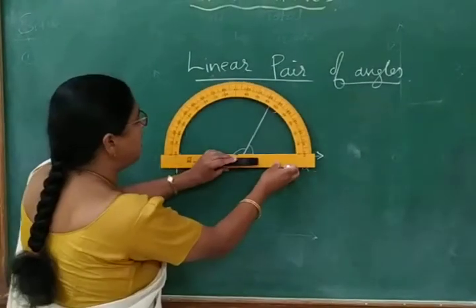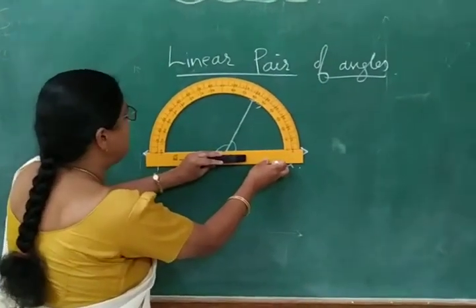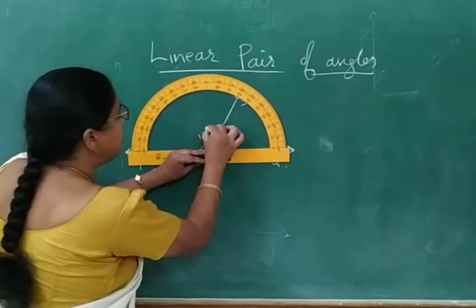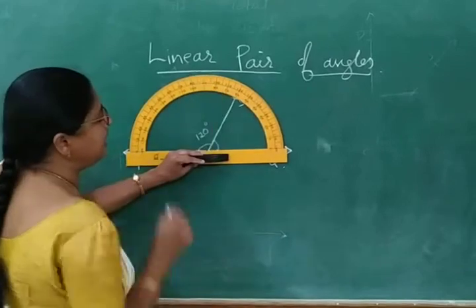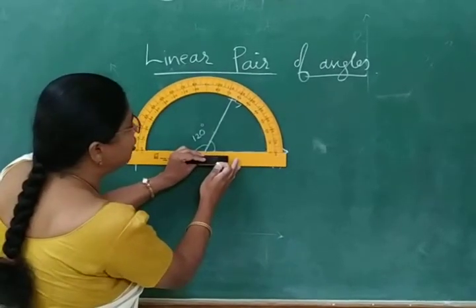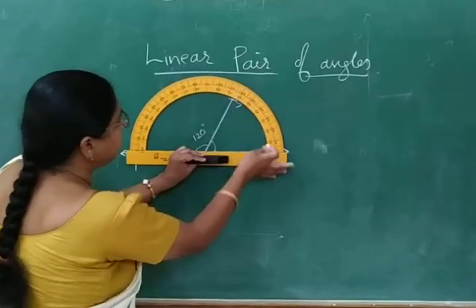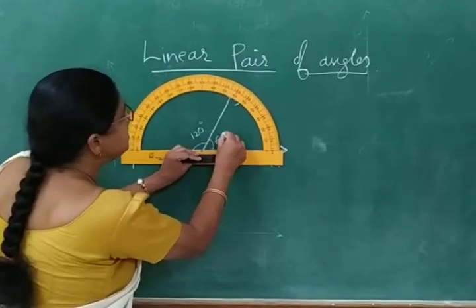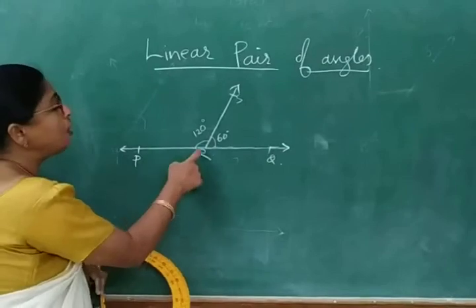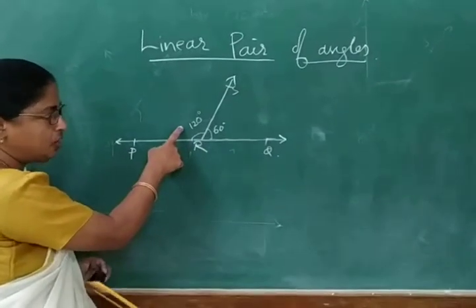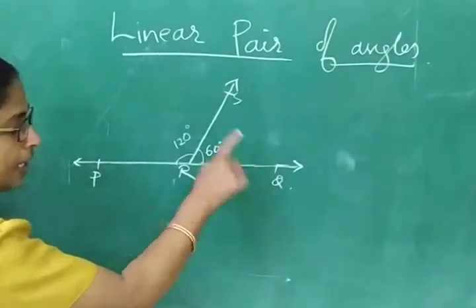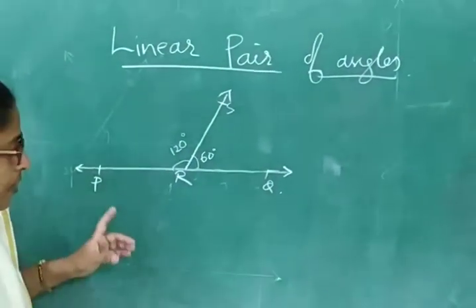Let us see what is the measure of this. The measure of angle PRS is 120 degrees, and this is 60 degrees. So the measure of angle PRS is 120 degrees, and the measure of angle SRQ is 60 degrees.